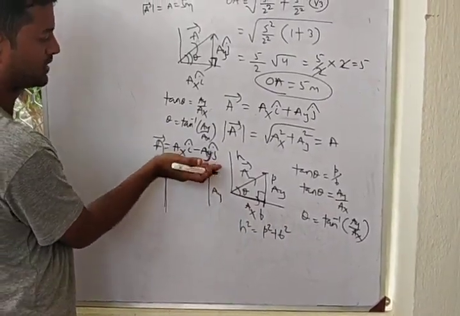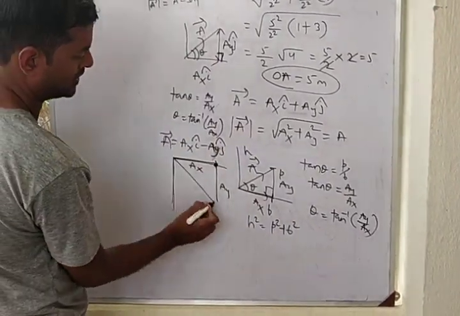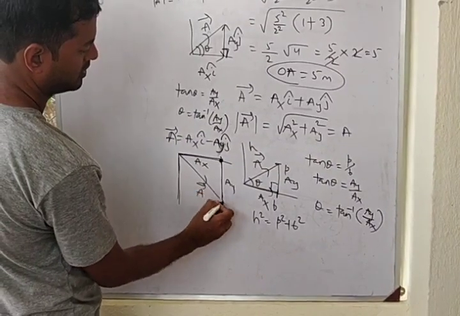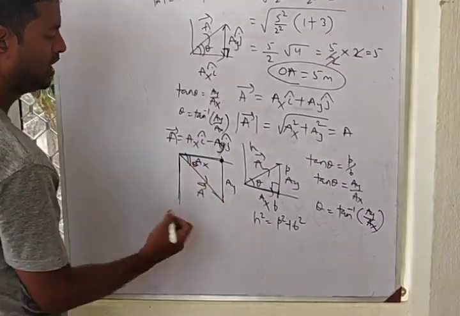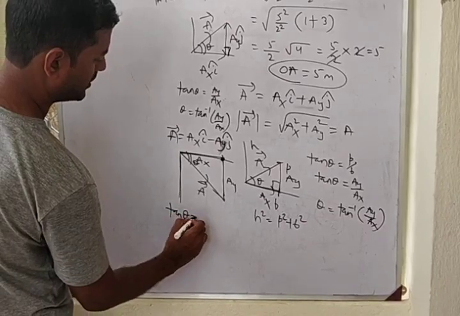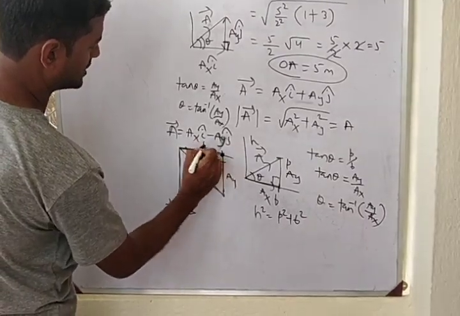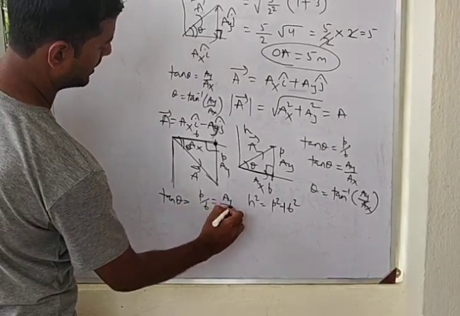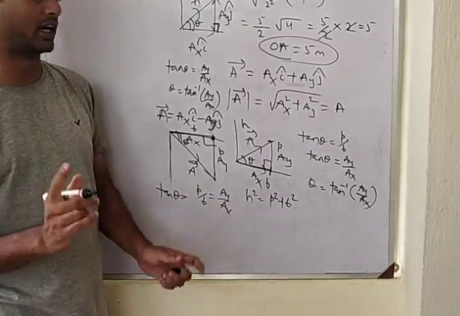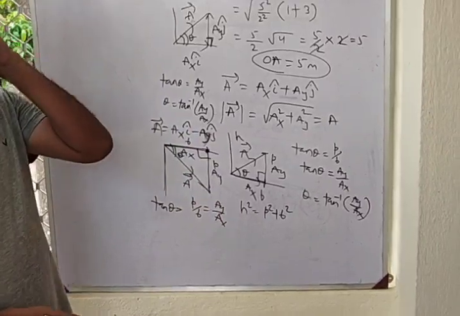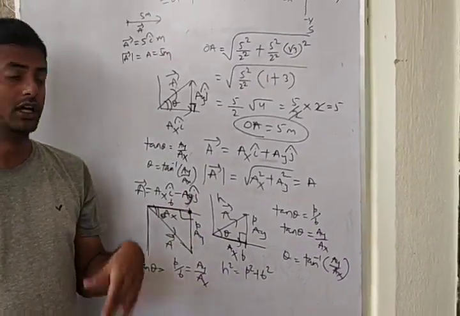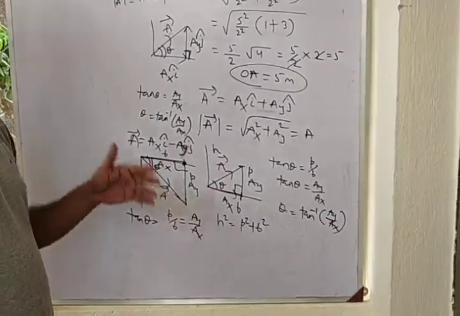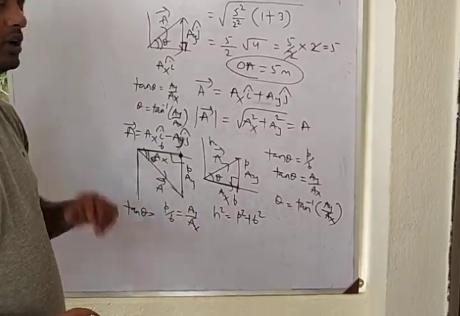If it would be positive y-axis, I could go like this. So this is my vector A. Now this is theta. Again you can find tan theta equal to p by b. This is 90 degree, this is base, this is perpendicular. P by b, that is ay by ax. So remember, the negative sign has no role in deriving or estimating the value of a vector, its magnitude and direction. It only gives the direction along which it is moving or passing.